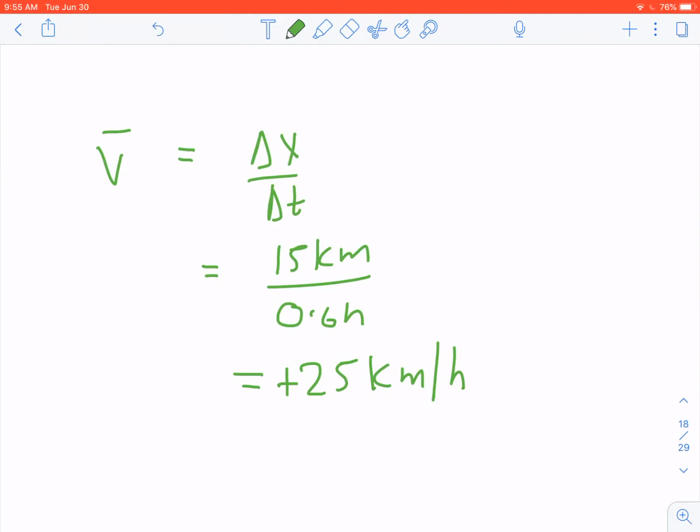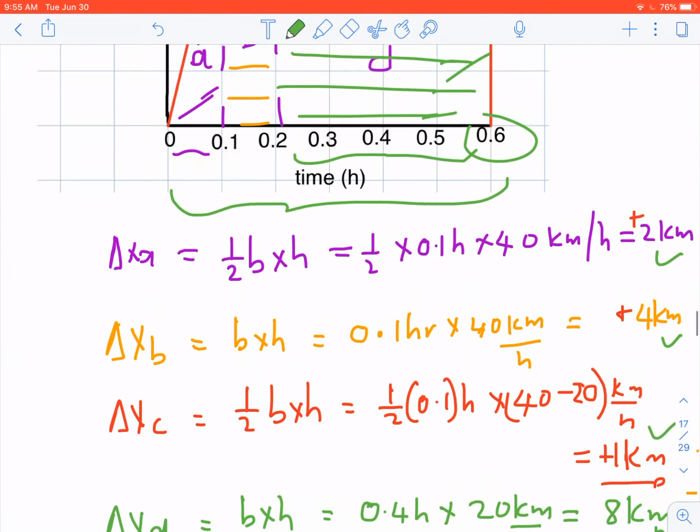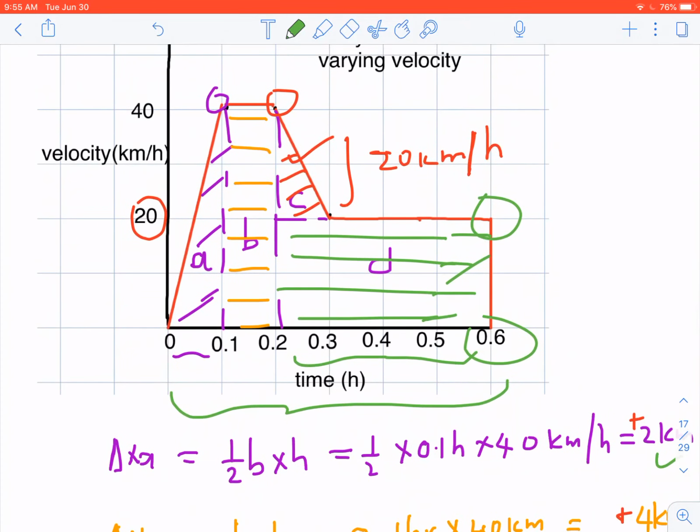That's positive. So that is the average velocity. If we look at this curve here, that's 40, that's 20, so that's 30 there, so 25 is somewhere here, and that would imply that that is the average velocity.